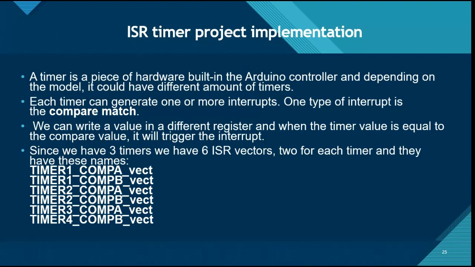A timer is a piece of hardware built into the Arduino controller, and depending on the model, it could have a different number of timers. Each timer can generate one or more interrupts. One type of interrupt is the compare match. Since we have 3 timers, we have 6 ISR vectors, 2 for each timer, and they have 3 names: timer 1, 2, and 3 comparator vectors.